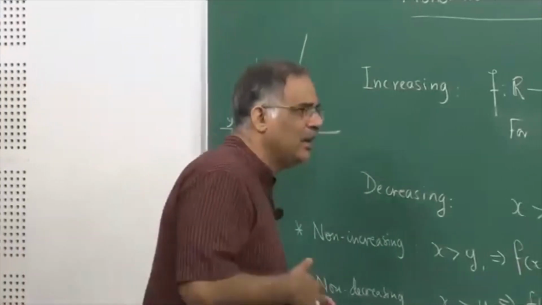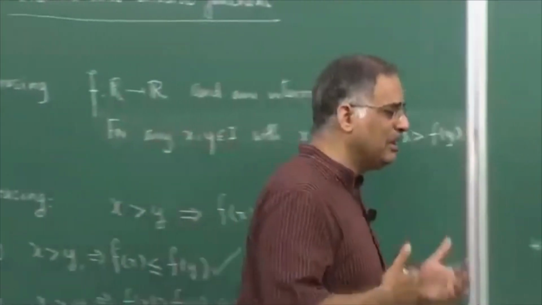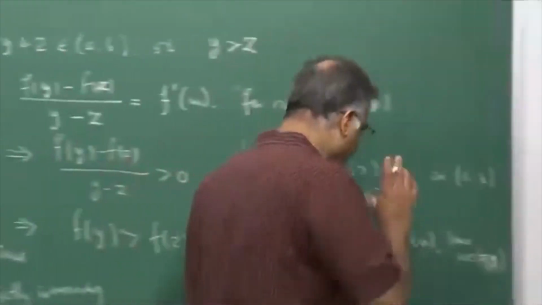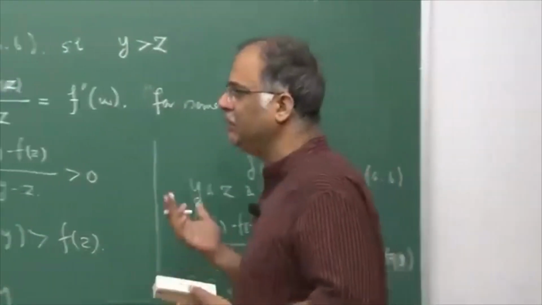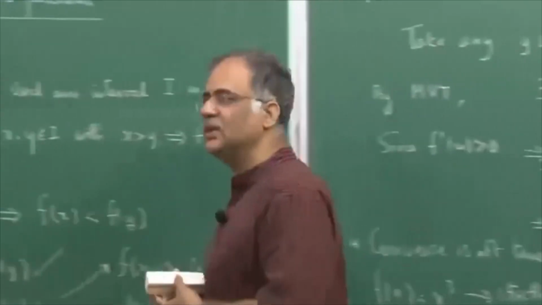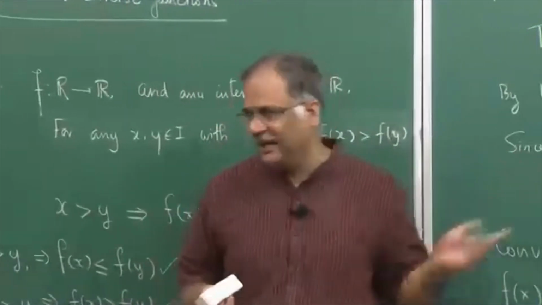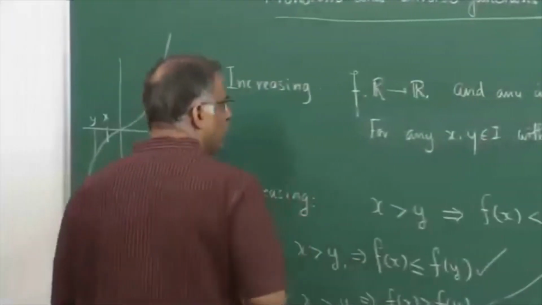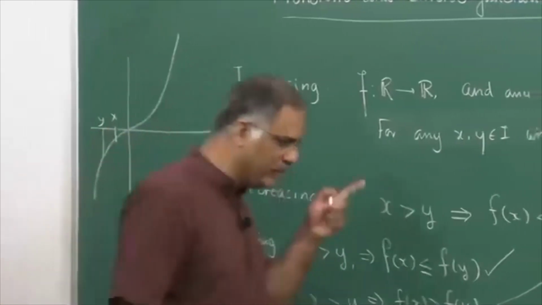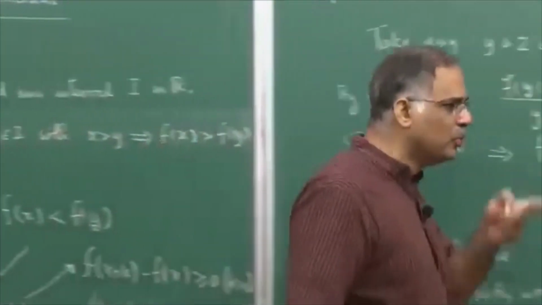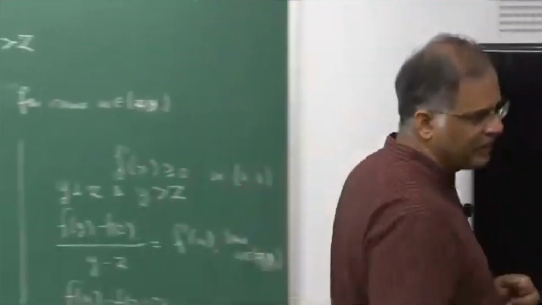That has to be determined by the sign of the second derivative. Many of you who have already done calculus in high school would definitely know that fact. But we are now going to use what we have just learned to prove this simple fact.